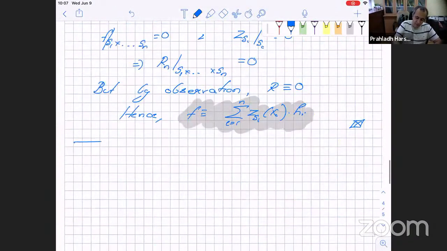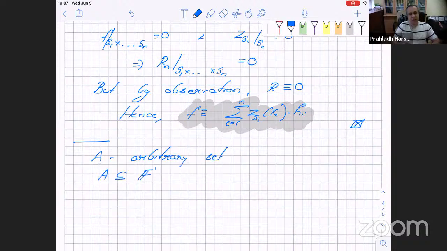Suppose A was some arbitrary set. A is some subset of, say, F to the n. Typically, it will be a subset of 0, 1 to the n. A is some arbitrary set. And we look at F, which is the set of all functions from A to F. This is once again a vector space.